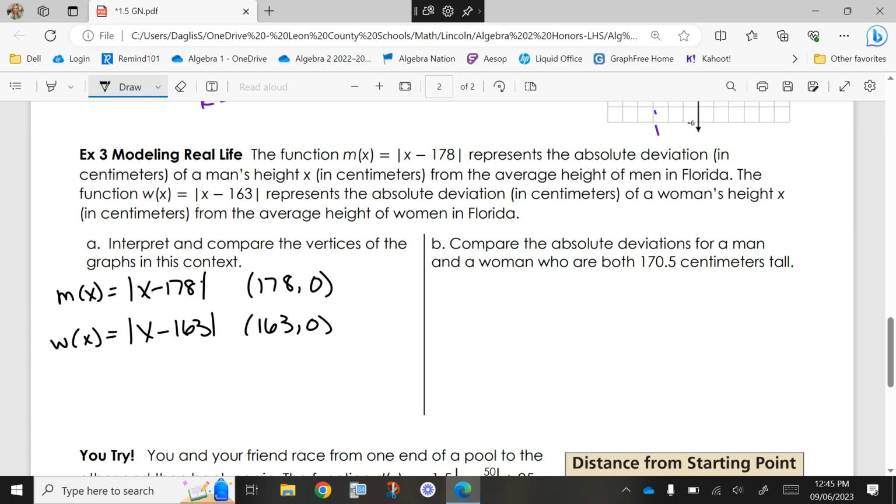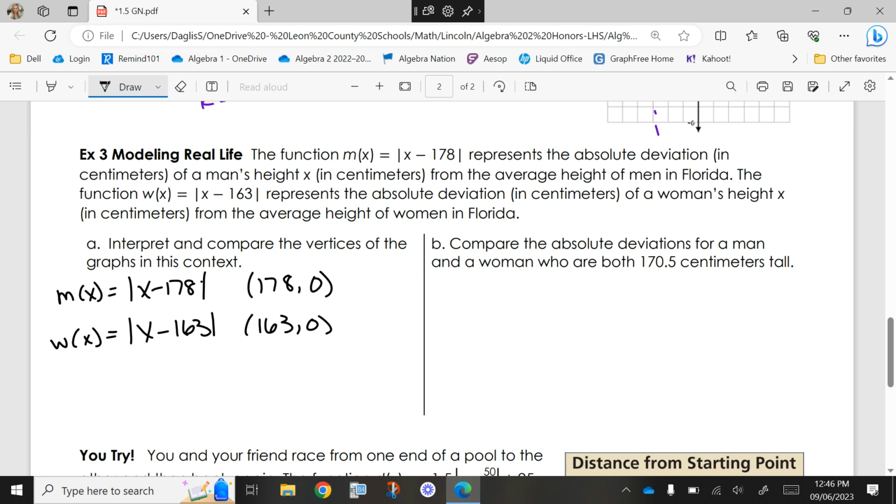Okay, how would their vertices compare to each other if I actually graphed these? What would their graphs compare to be? Yeah, so they would be shifted along the x-axis. Which one would be further along the x-axis?